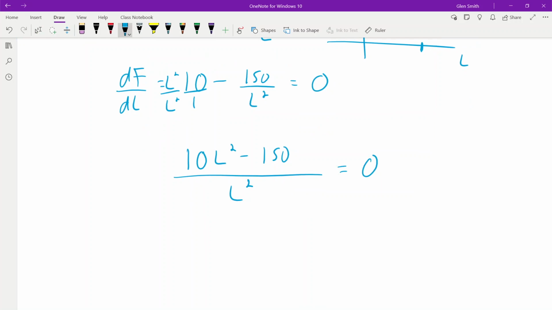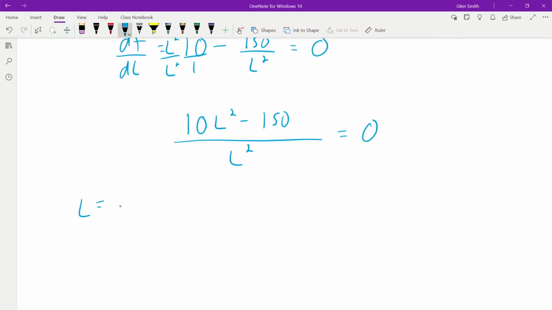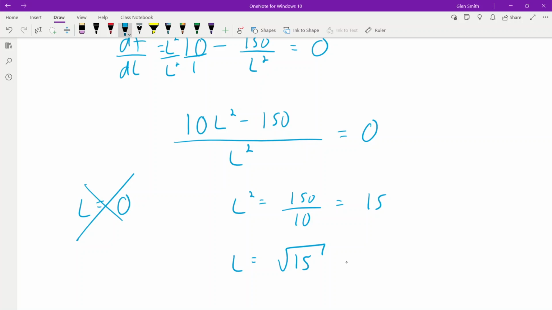And that's going to be 0. The denominator is undefined when L equals 0, but that doesn't matter for us. The numerator will be 0 when L squared is 150 over 10, which is 15. So L is really plus or minus root 15, but because it's a length, it's just root 15.